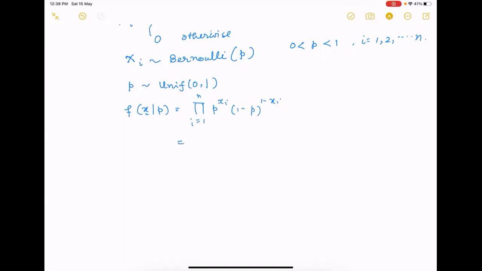So basically I can write p to the power summation xi times 1 minus p to the power n minus summation xi.